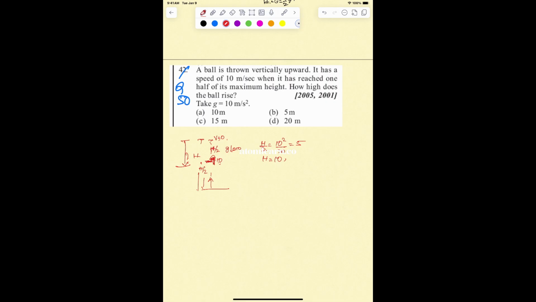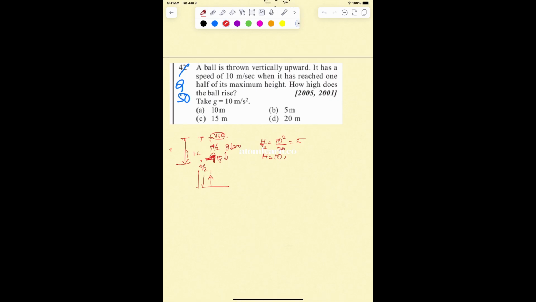What is the time taken from 0 to velocity 10 in the reverse direction? 1 second. Half g t squared is 5. Therefore this h by 2 height is 5, meaning the total height, because I already said it is a midpoint, must be 10.